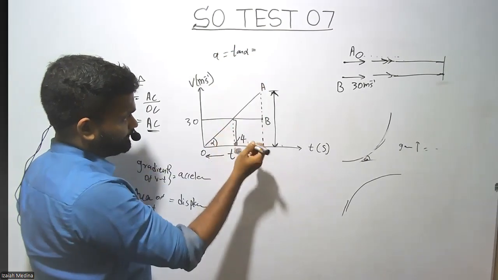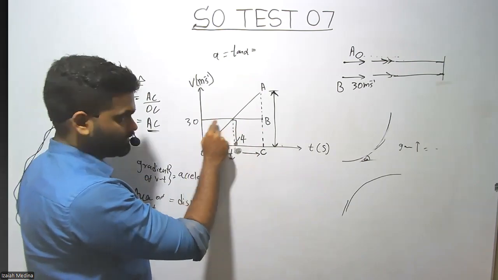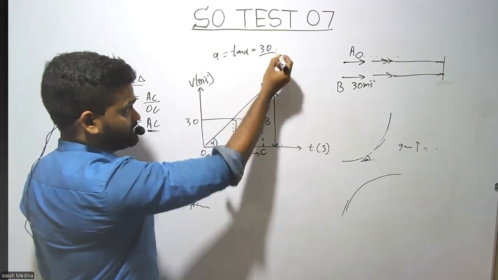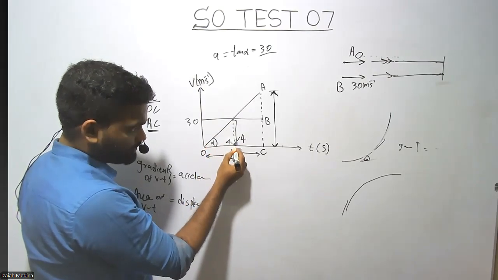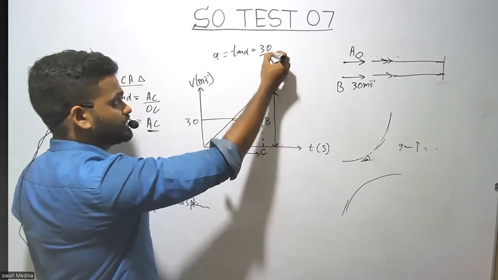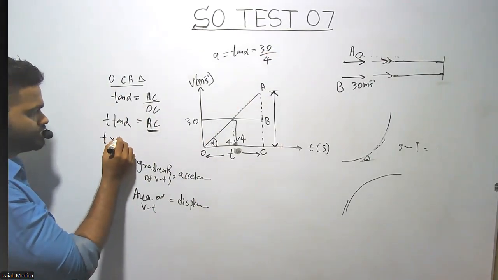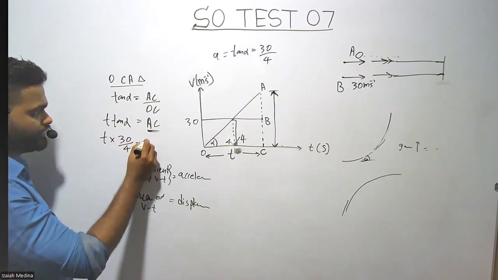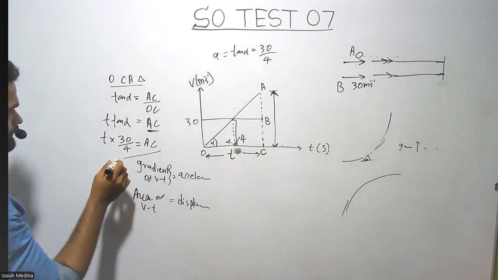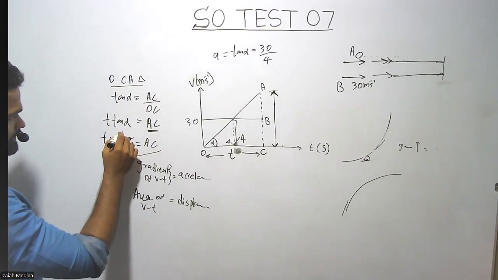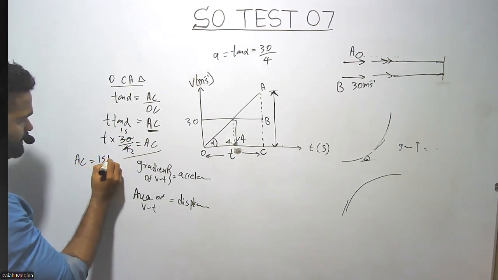Tan alpha is this side over that side. What is this side? 30. See this? 30 is this side, the opposite side. And the adjacent side, if you observe, this value is 4. So 30 divided by 4 is tan alpha. So we know tan alpha. So t times 30 divided by 4 is going to be AC. If you want, you can simplify this: 15 divided by 2. So AC is 15t divided by 2.